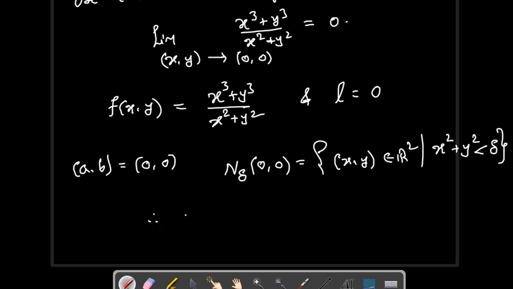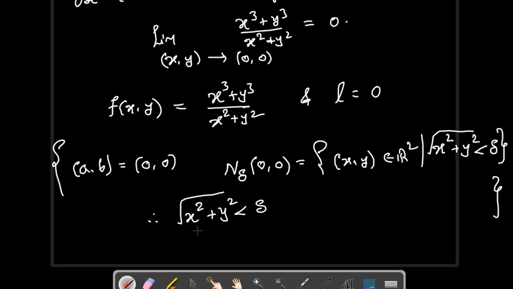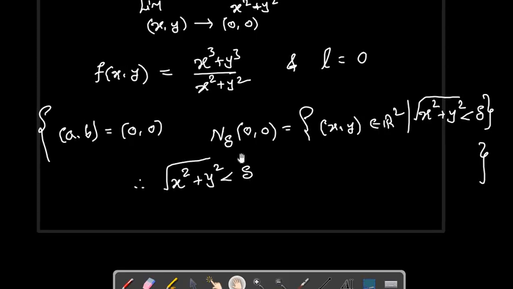Sorry, I should take the square root. So when delta is the radius of the neighborhood around 0 comma 0, then delta must satisfy this condition, the square root of x square plus y square less than delta.